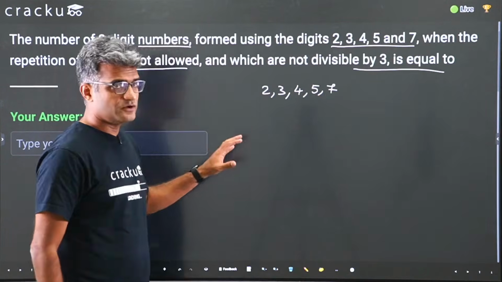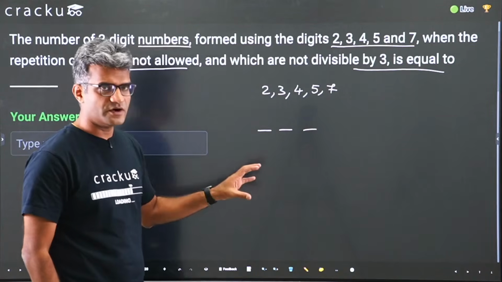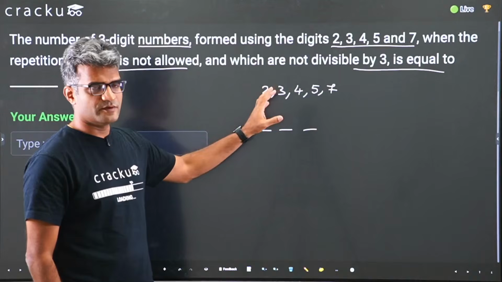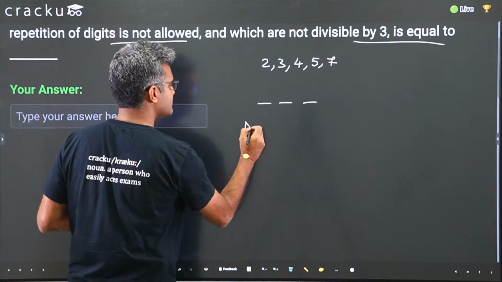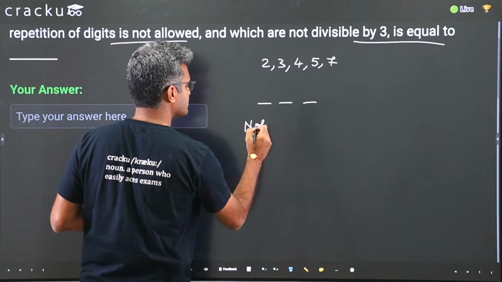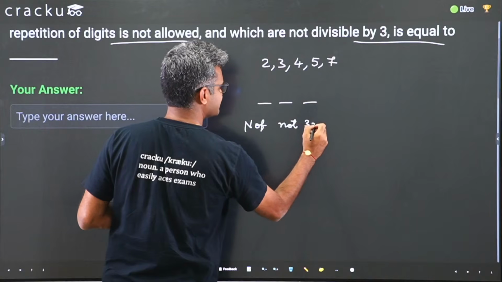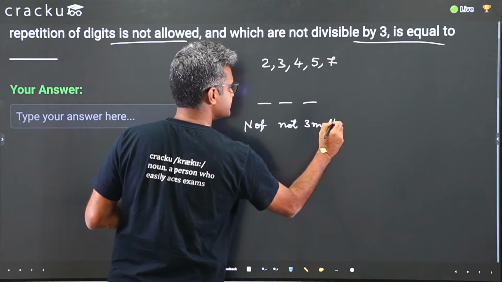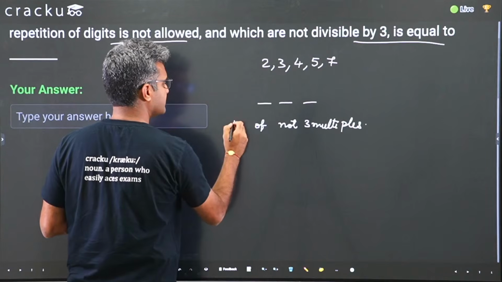We are required to find out the number of 3-digit numbers which are not divisible by 3, which can be found from these numbers. To do that, we are basically looking for the number of non-multiples of 3. This is what we are looking to calculate.